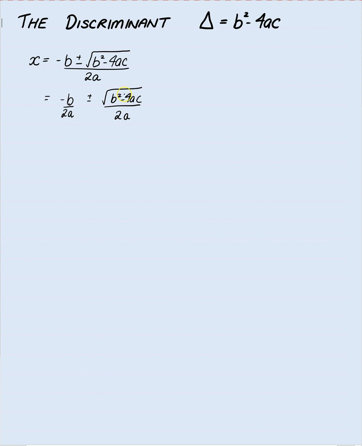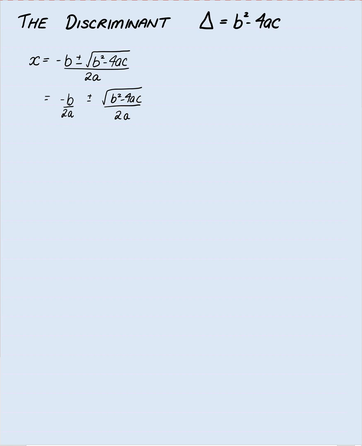The square root of 0 is 0, and 0 divided by anything is 0, which is the same as minus b on 2a take 0. So we'd get one repeated solution. And then if this is actually greater than 0, then we have two distinct solutions: minus b over 2a plus whatever this answer is, and minus b over 2a minus that answer.